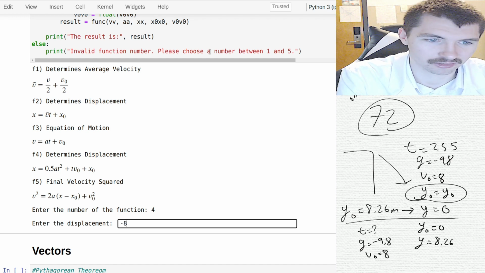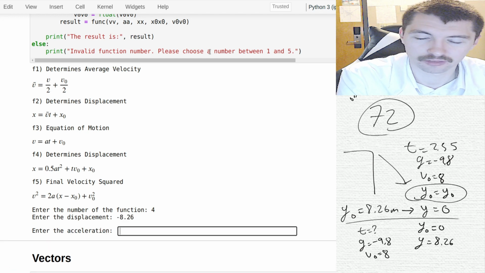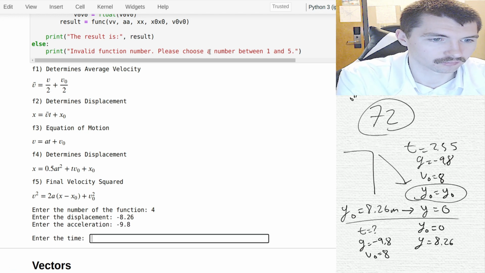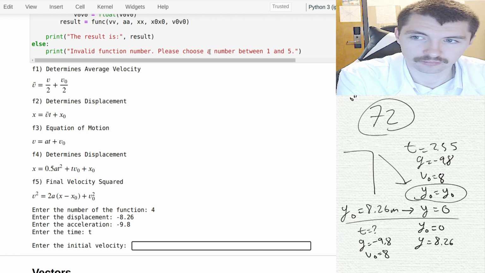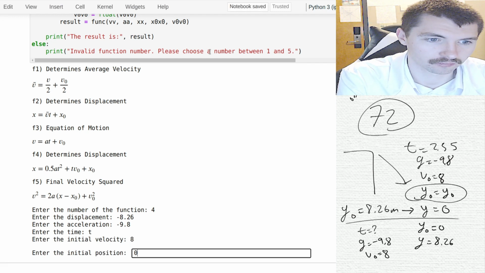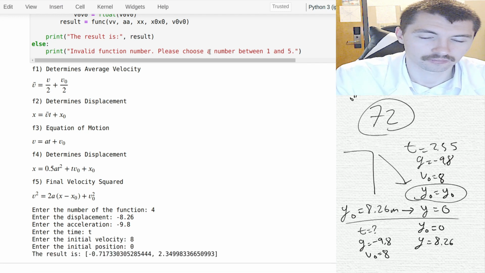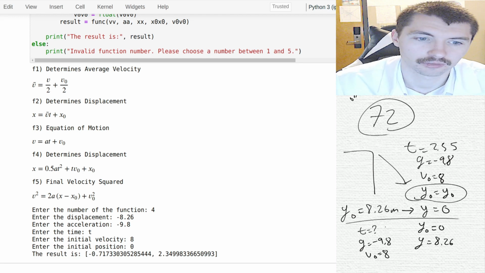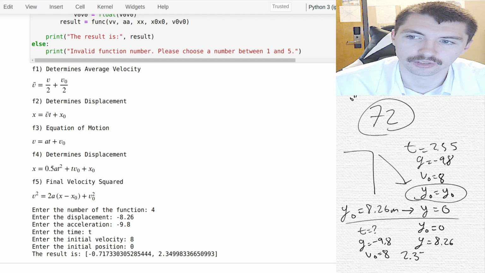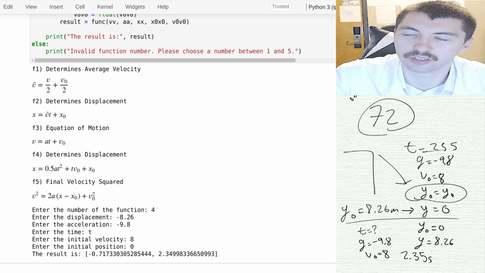Okay. 2.35 seconds, which is the same here.